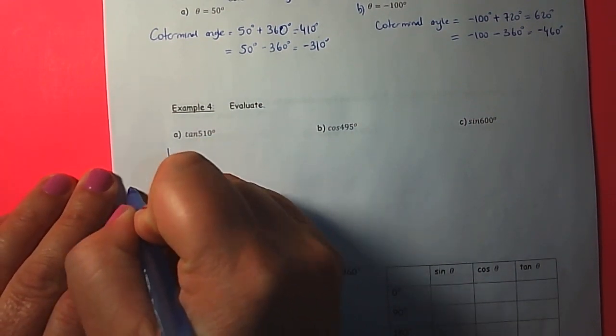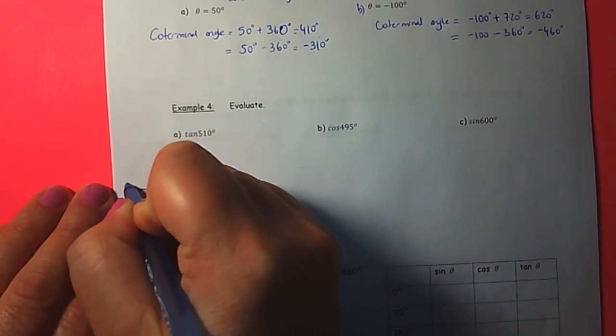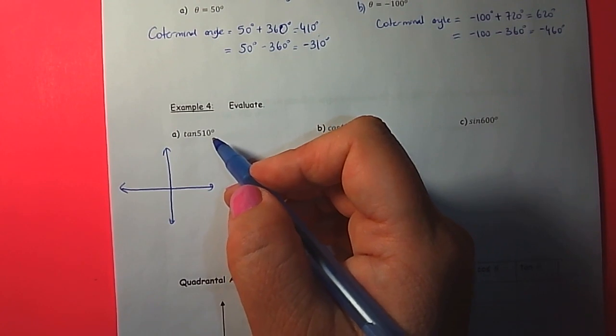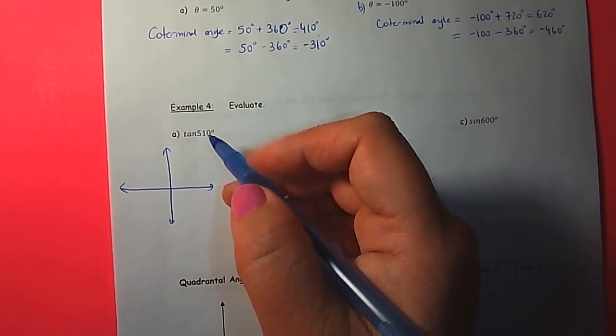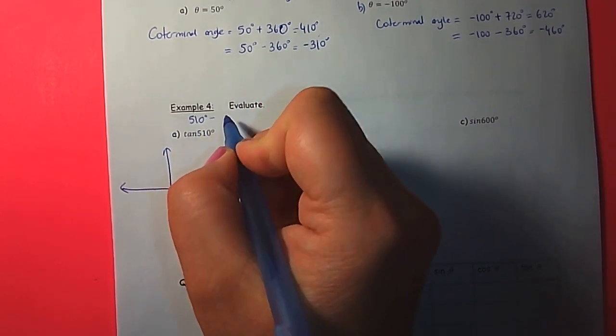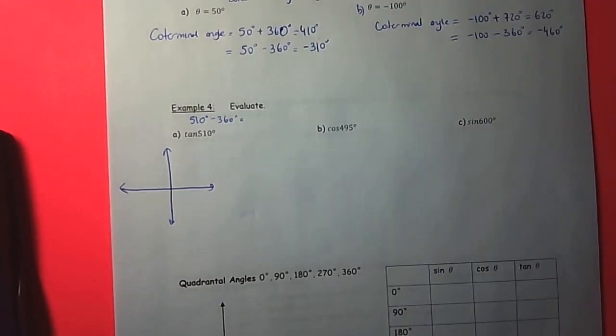The first thing, you can add or subtract 360 to 510 to find an angle that is between 0 and 360. So in this case, how about if we subtract 360 from 510?